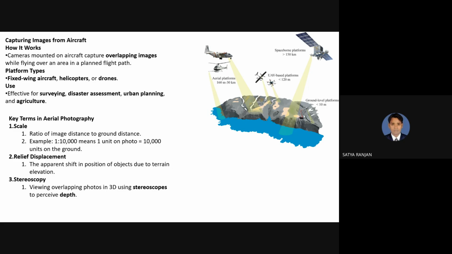So for that we can calculate all the scales. Suppose a 1 to 10,000 scale means one unit, whether cm or meter: 1 cm in the image is 10,000 cm on the ground. Likewise the scale is calculated.